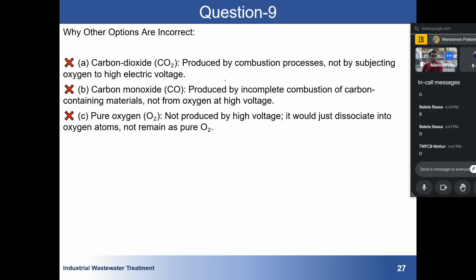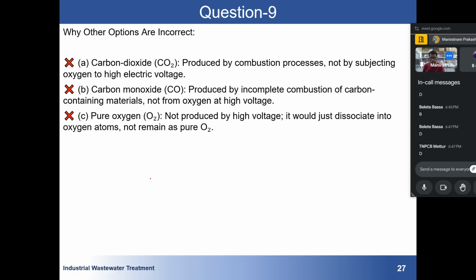In full combustion, we are providing a sufficient amount of oxygen. But if there is incomplete combustion, when we are not providing sufficient oxygen, then CO will be produced. Pure O2 is not produced by high voltage; it will be dissolved, this is another thing.